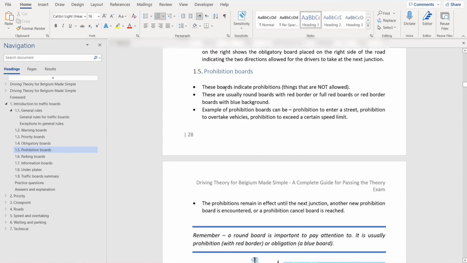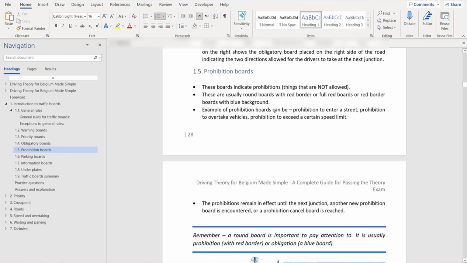Prohibition boards indicate prohibitions, which means things you must not do. These are round boards with red border, or full red boards, or red boards with blue background. So anything red on the board, and the board is round, it's a prohibition.